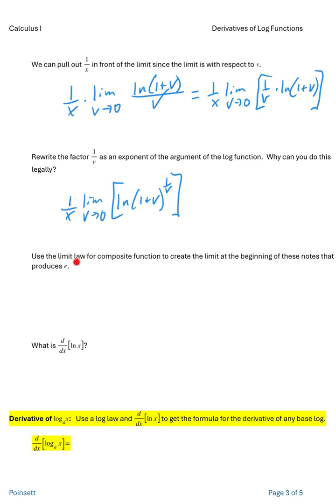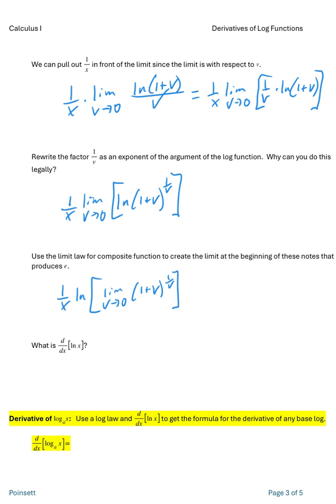So we're going to use the limit law for composite functions to create the limit at the beginning of these notes that produces e. And the limit law of the composite functions basically allows us to rewrite this as 1 over x times the natural log of the limit as v approaches 0 of 1 plus v to the 1 over v power.